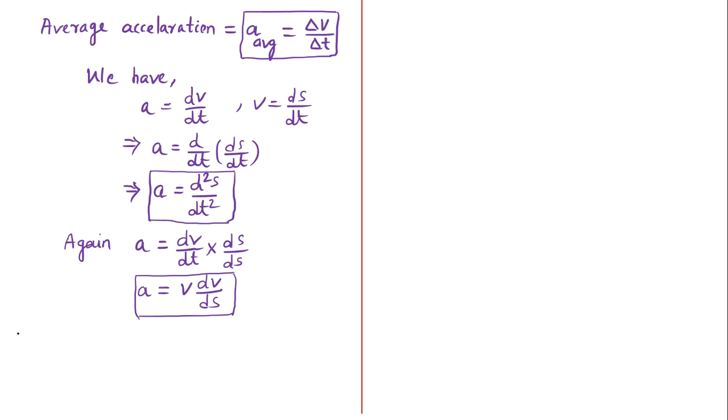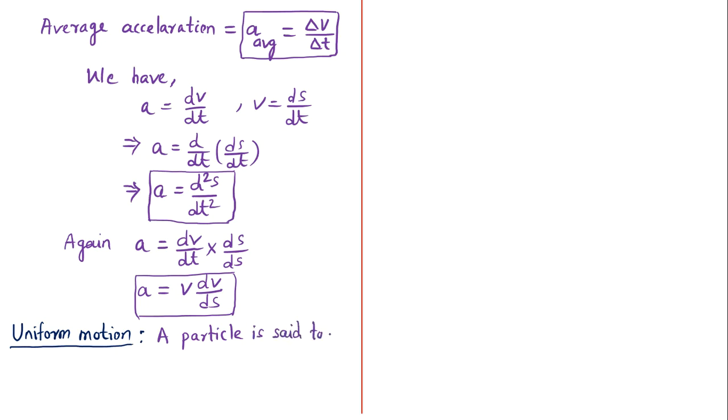Next, there are mainly two types of motion we study. One is uniform motion, which I have already studied in statics. What is uniform motion?